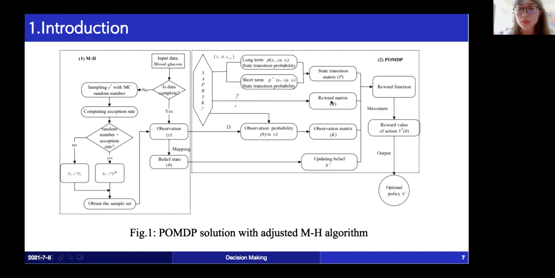And the right part is the POMDP model, which is represented as a 7-tuple.